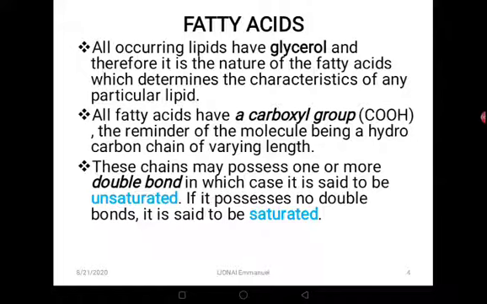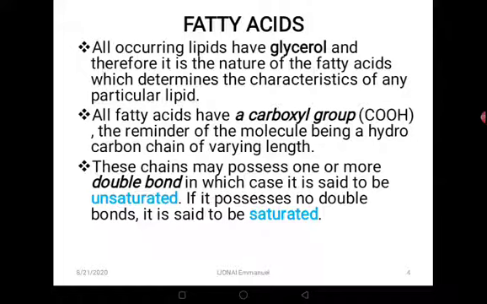These chains may possess 1 or more bonds. They may contain single bonds, or they may contain double bonds. If they contain a double bond or many double bonds, that acid is unsaturated. If it possesses no double bonds, then it is said to be saturated.